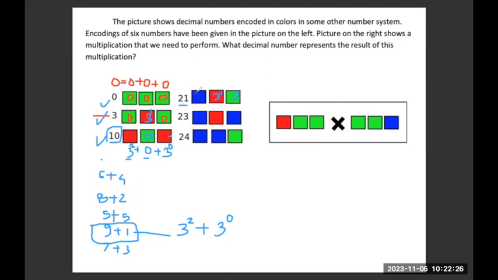Yeah, the blue tile has to be some function which equals 21 minus 3 is 18, right? So blue tile, when it comes here, has to equal 18.